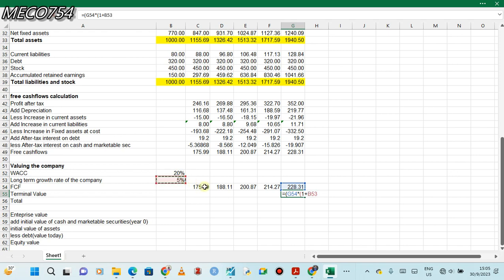We said it's 5%. We can either lock it or not, because we're only going to be using this rate here. So just to be safe, lock it.